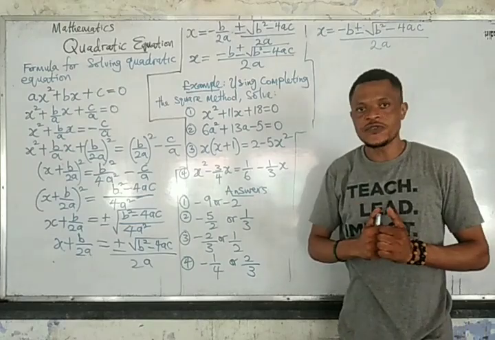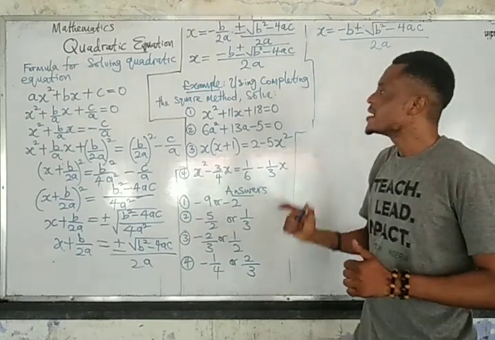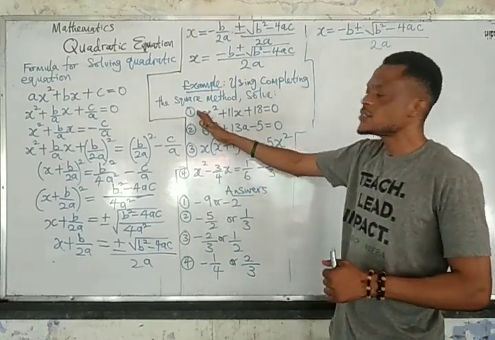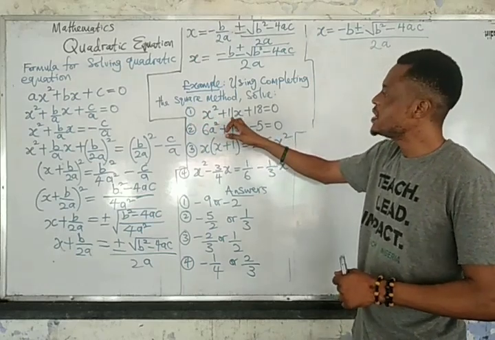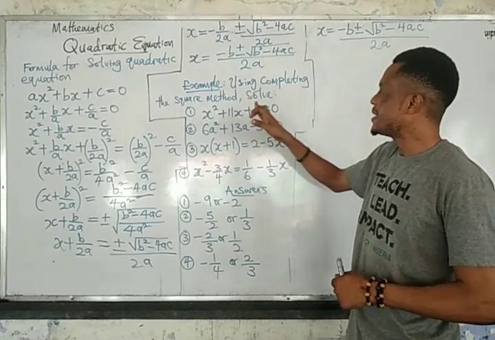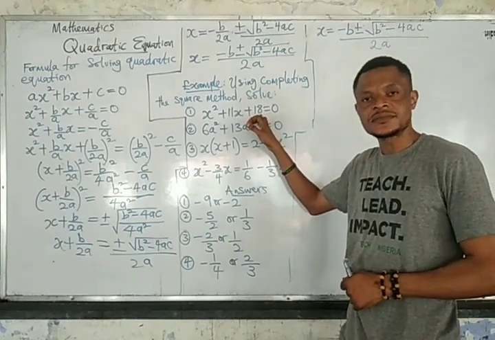From what we have learned so far, the a is the coefficient of x squared. So the a here is like 1, the b is 11, and the c is 18.